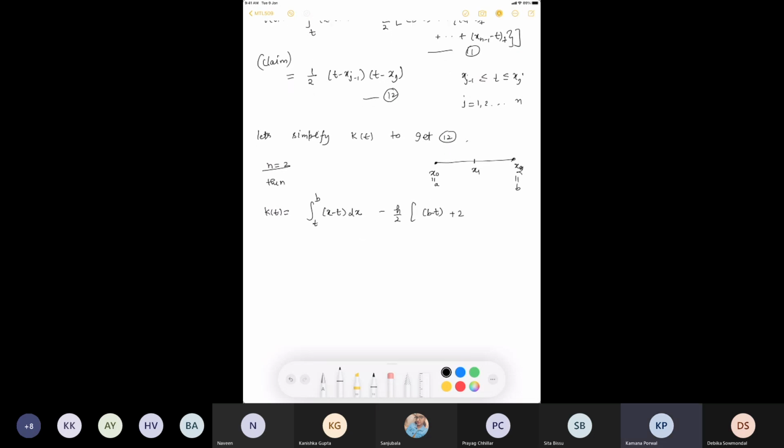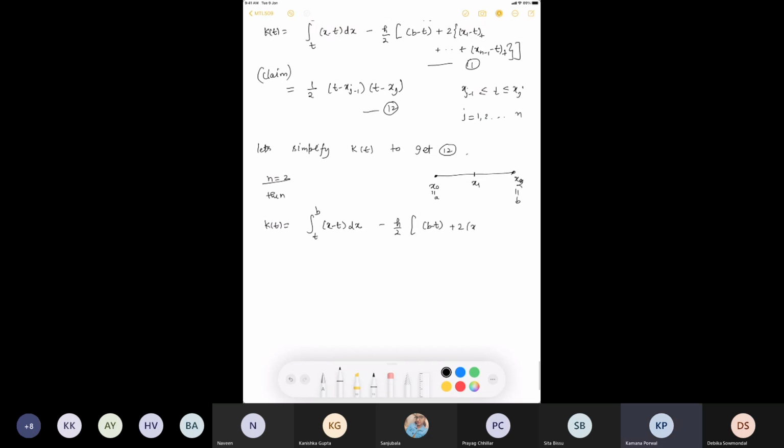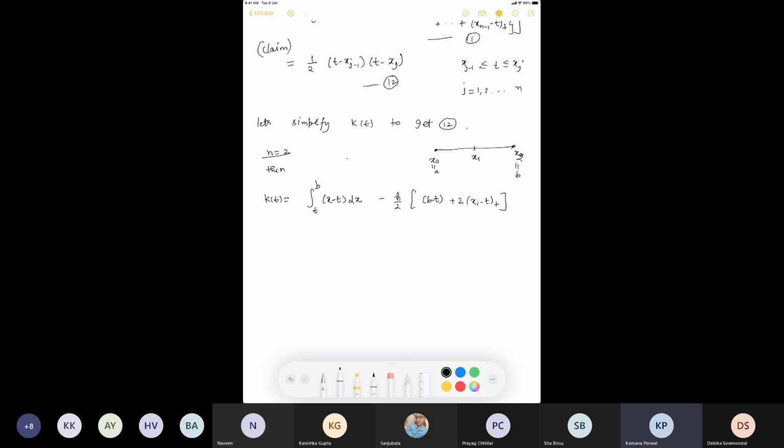So I will get only one term here, which is the positive part of x1 minus t. Note that h is (b minus a) divided by 2, x0 is a, x1 is a plus h, and x2 is b, which is a plus 2h.